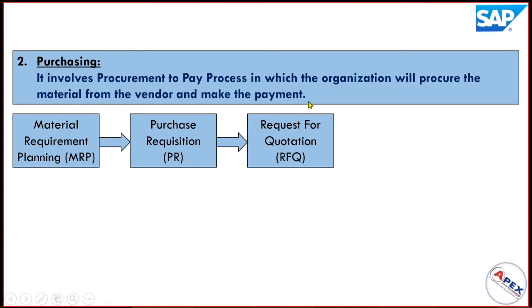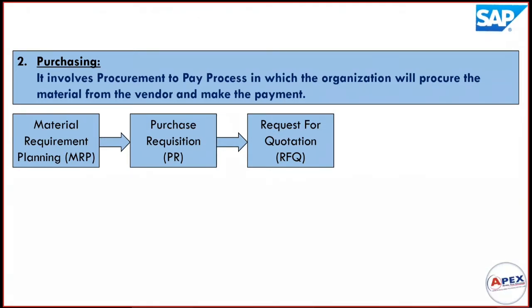The purchasing department will send a request for quotation to the vendor. If we have multiple vendors to procure a particular material, they will send the request for quotation to all the vendors.